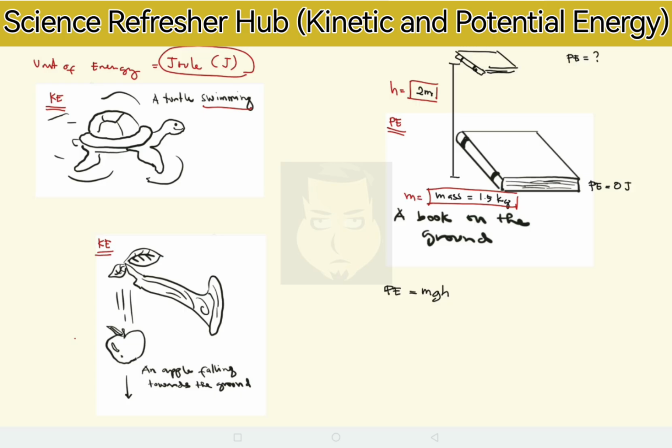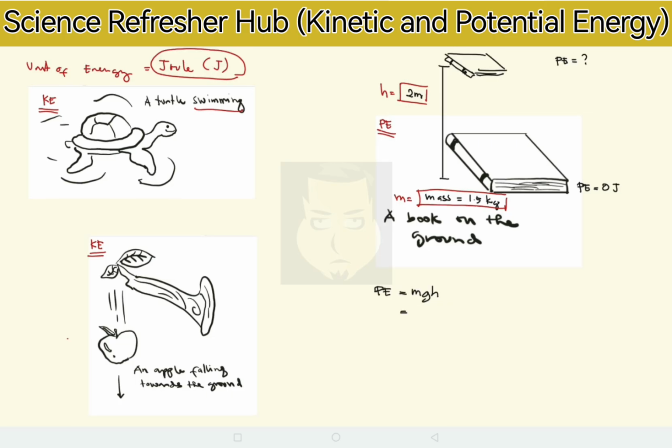So M stands for the mass of the book, or how heavy the book is lifted 2 meters above the ground. It's 1.5 kilograms. Okay, G is a constant.